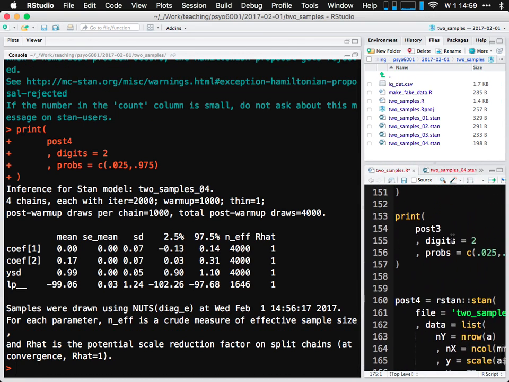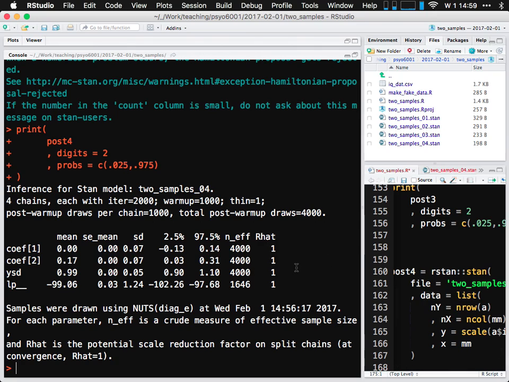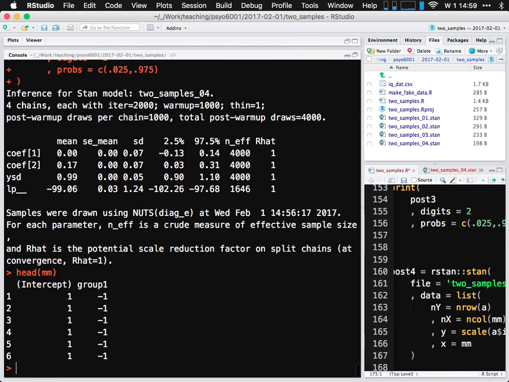The trick is, if I look at head of MM, instead of having negative 1s and positive 1s, if I have negative 0.5s and positive 0.5s, that will be the same as multiplying this by 2.